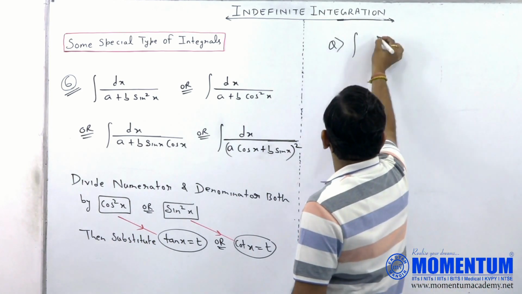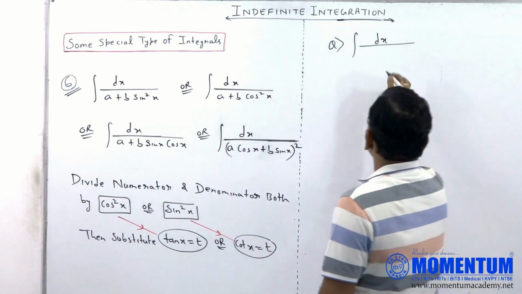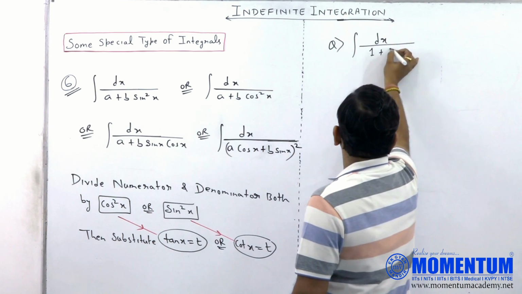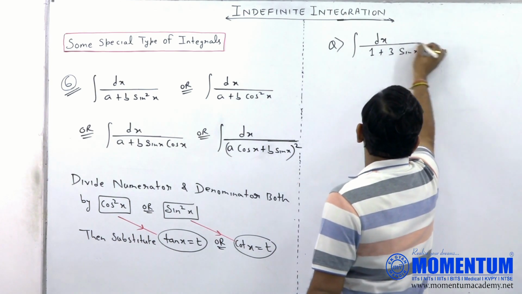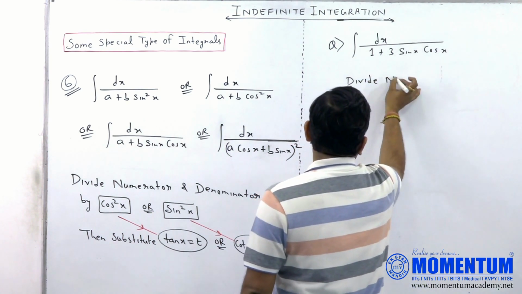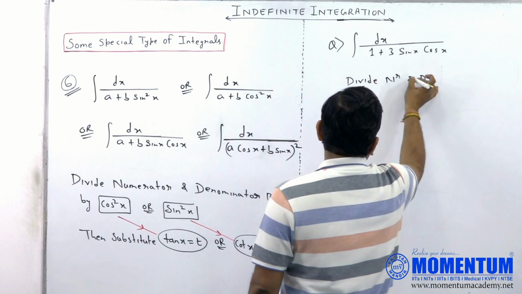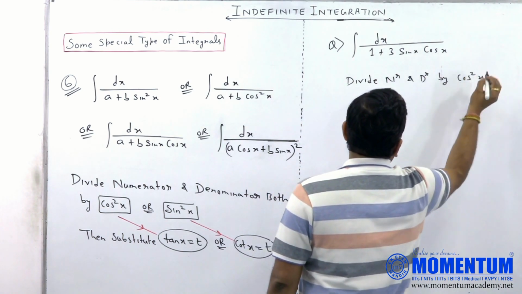Problem: integration of 1 upon 1 plus 3 sin x cos x. How to make it? We will divide numerator and denominator by cos square x.